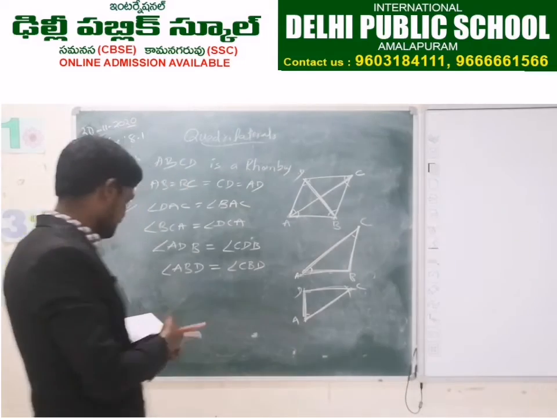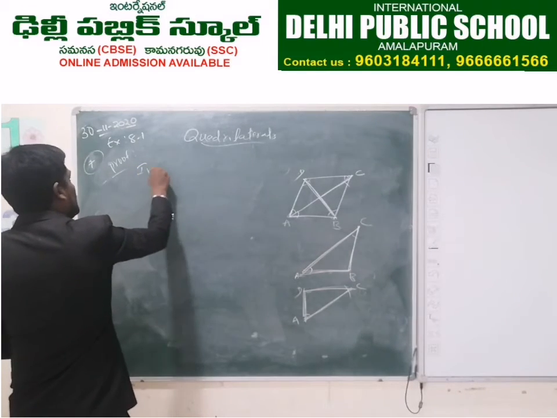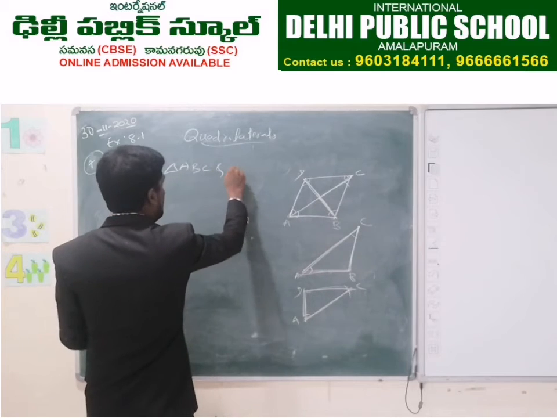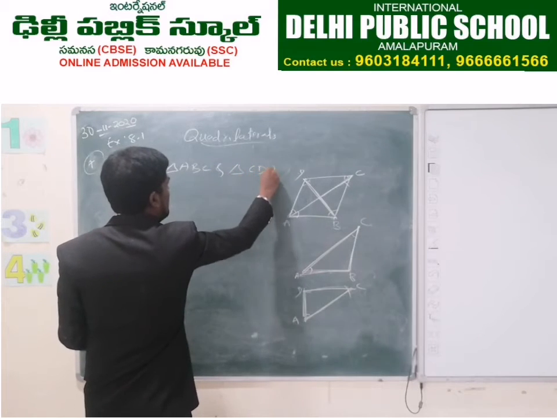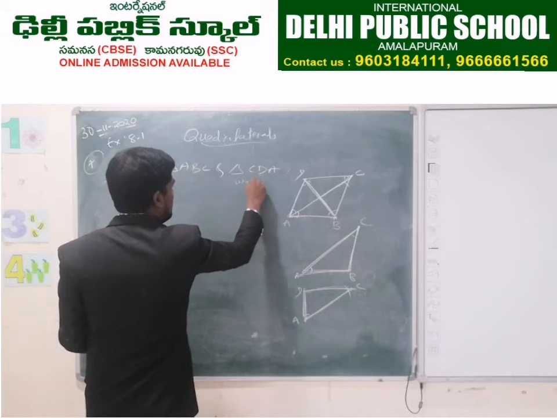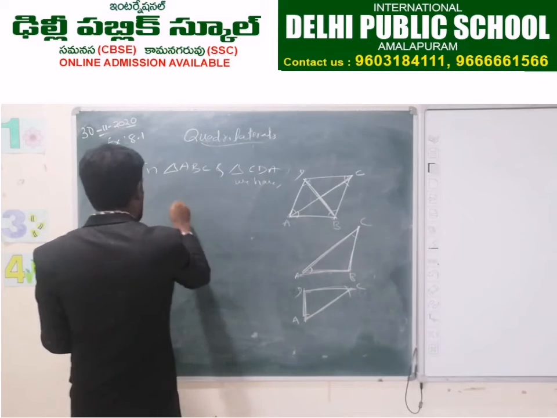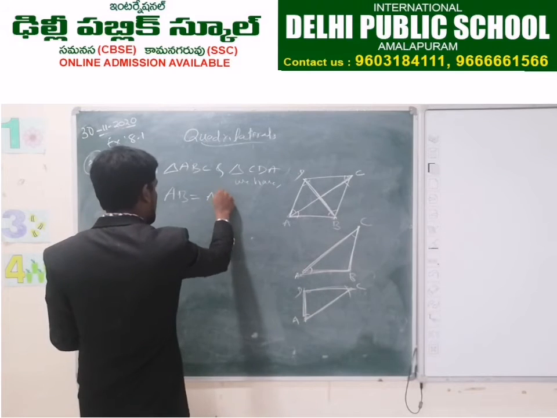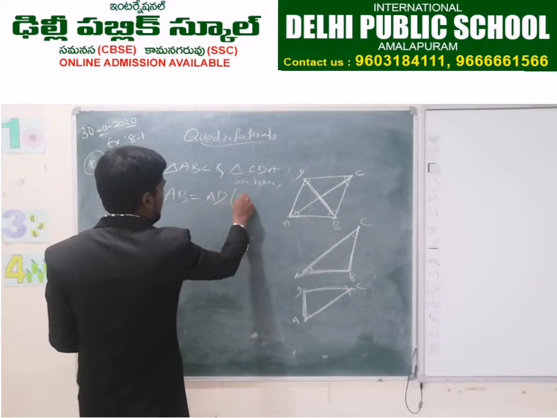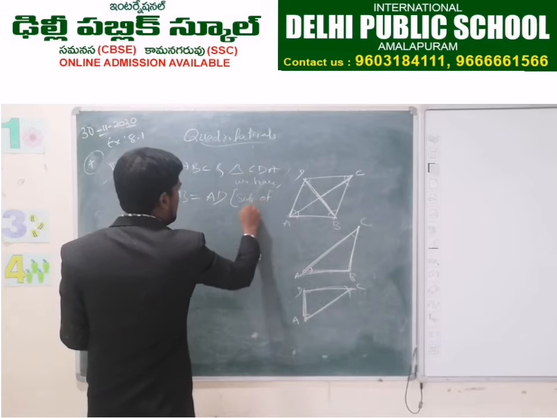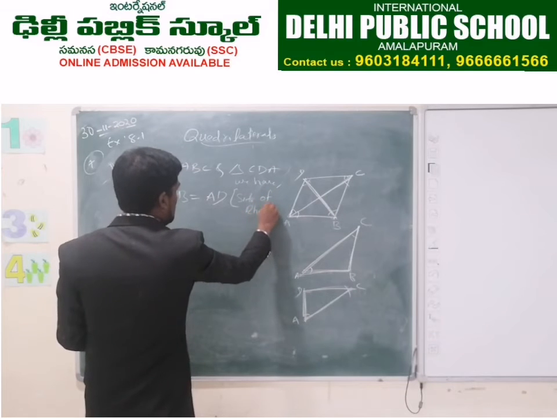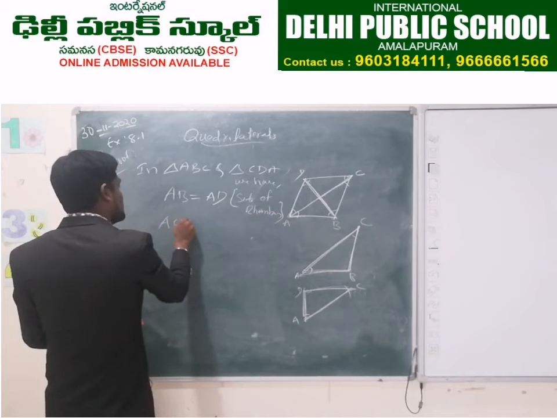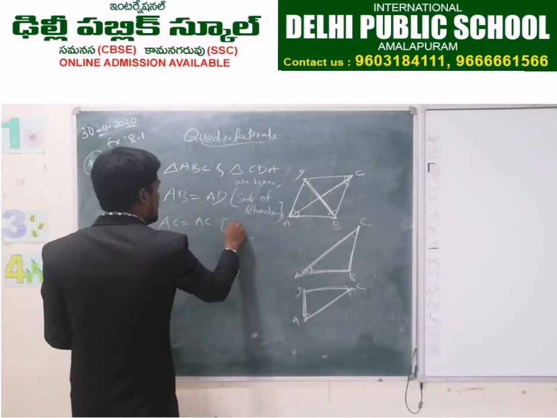Okay, write down. In proof, in triangles ABC and CDA, we have, what are the things we are having? AB is equal to AD. We can write this one as a side of rhombus also. AC is equal to AC, that is common.